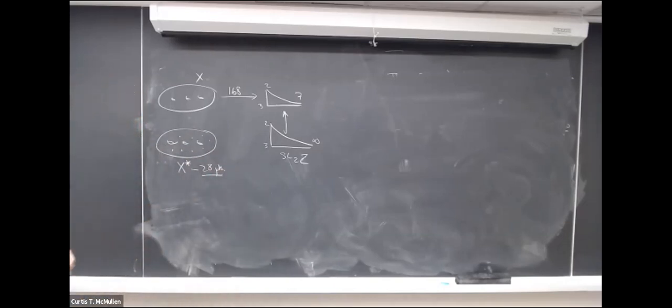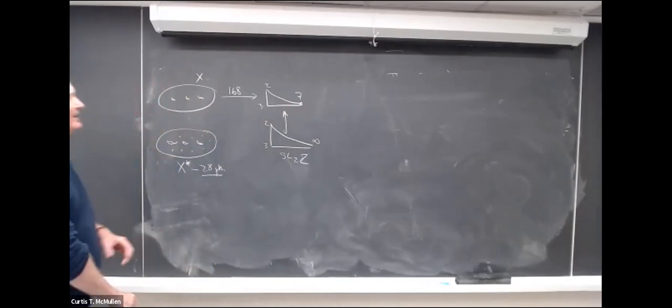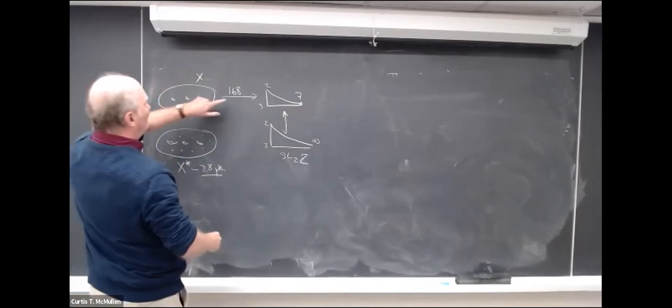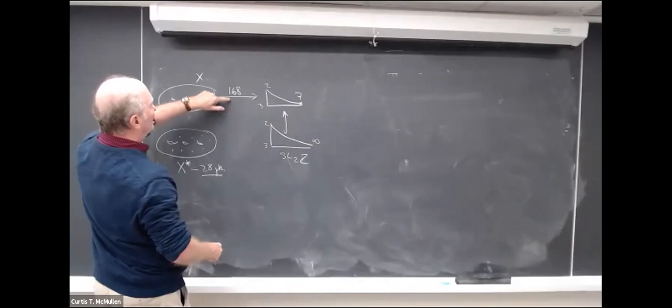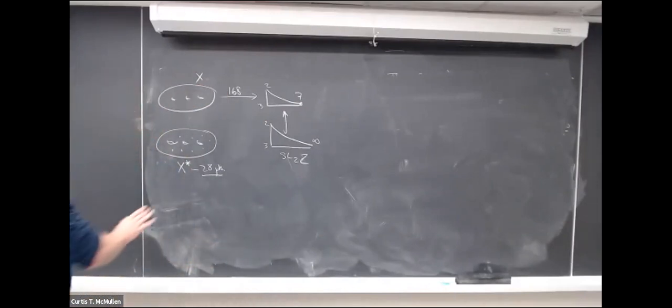And what are those 28 points? They are the pre-images of this point of order 7. So hopefully 168 divided by 7 gives 24 times.